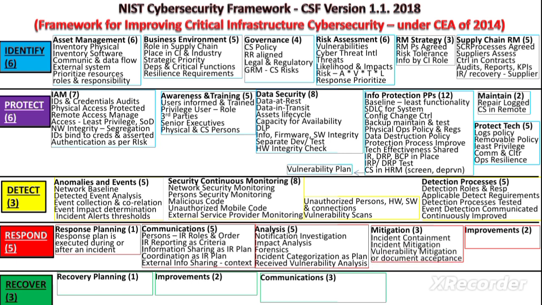Then in mitigation, you have to contain any incident from happening or affecting further systems, and then you have to mitigate that incident. And you also have to mitigate the vulnerabilities to your IT assets, or if this vulnerability cannot be mitigated, then you have to document the acceptance of this risk by your organization.